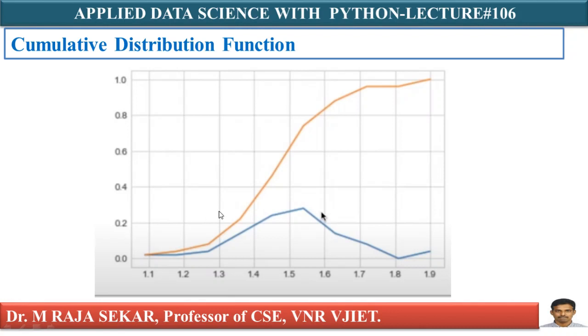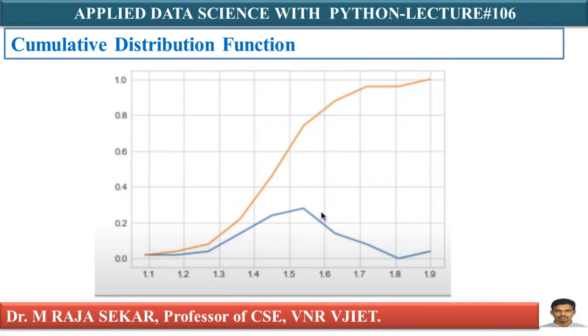Now we will try to understand how to build a CDF. So we understand how to read a CDF. I already discussed for 1.3 how to read points, and for 1.6 also we interpreted the results for the cumulative distribution function. But how do you build a CDF? We know how to build a PDF.